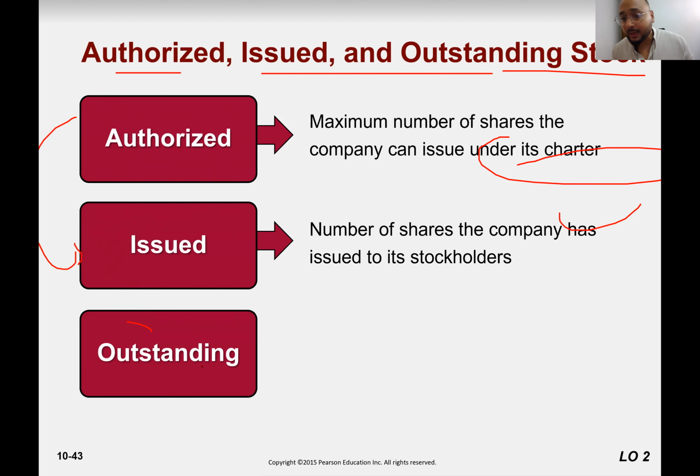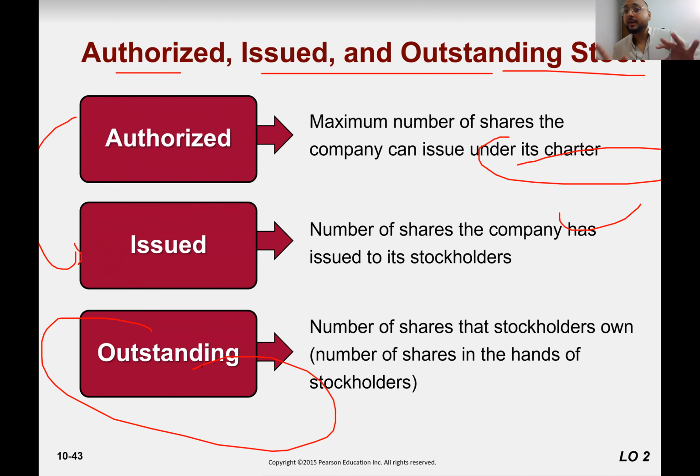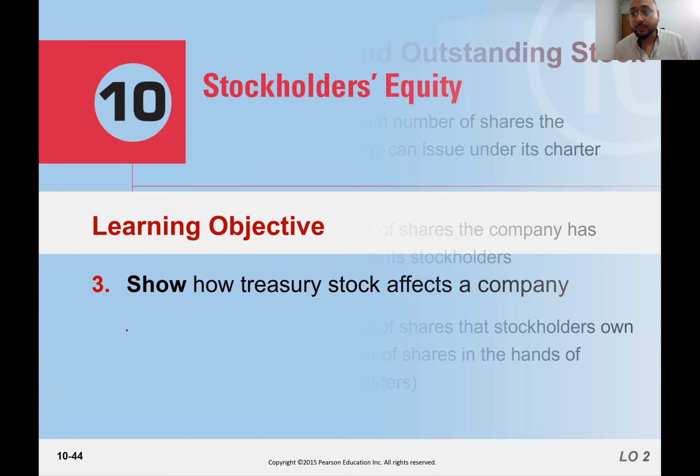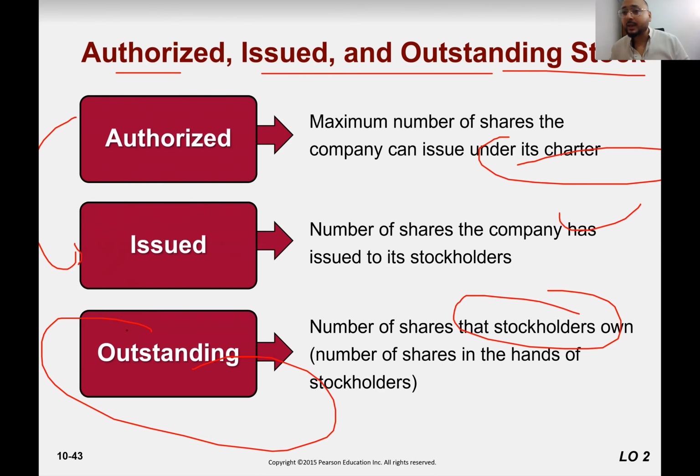And outstanding is how many shares are in the market with the shareholders. So there is one difference: there are some shares that the company buys back for itself. We call this treasury stock. So the difference between issued and outstanding is just treasury stock.